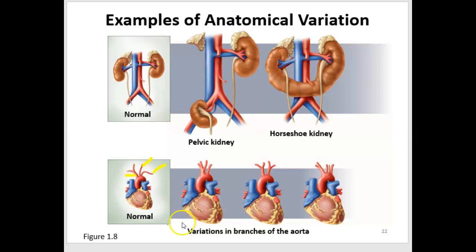Well, in some cases, instead what you'll have are 2 major branches coming off, or maybe 4 major branches coming off. But usually, to compensate for this, further branching occurs a little bit farther away from the arch of the aorta. So it's not that there's going to be a lack of blood supply somewhere. It's just that the branching is different.